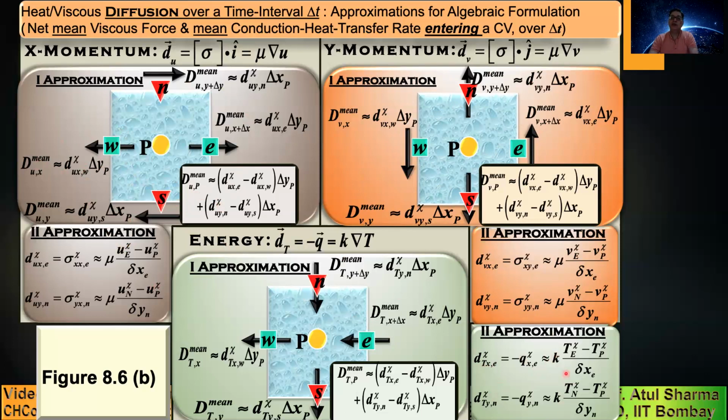For the momentum equation, the expression is very similar. So we define a general variable gamma phi, which is k for the energy equation and mu for the x and y momentum equations. Note that all the arrows are horizontal for x momentum, vertical for y momentum, and for energy it is normal to the surface.